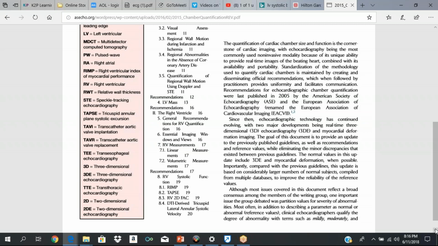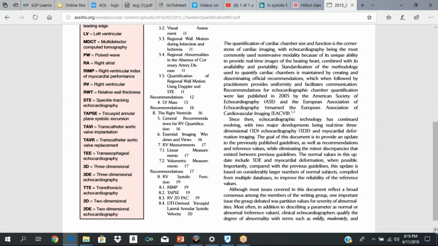So this is the current guidelines. The normal values in this update include 3D echo and myocardial deformation, which is your strain rate, when possible.